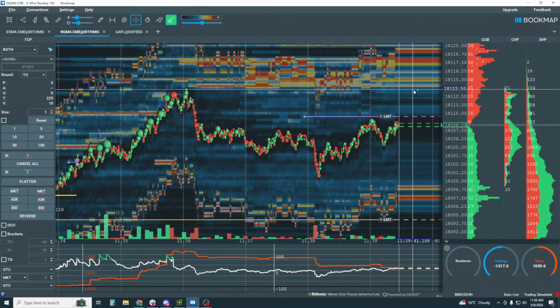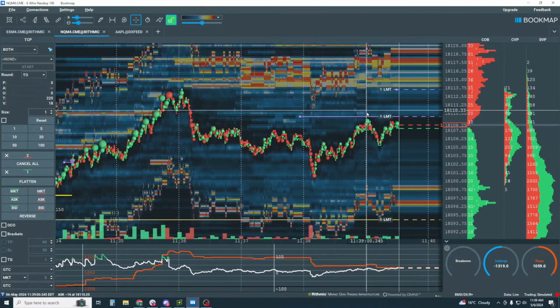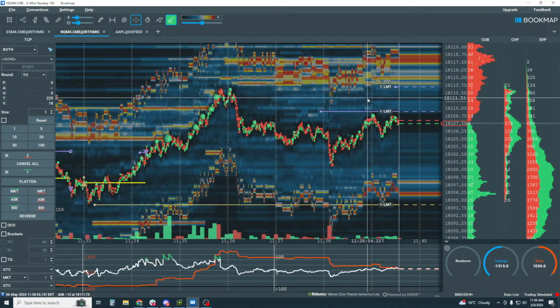Most of the liquidity is at the swing up here. Maybe we look for a couple of entries then.